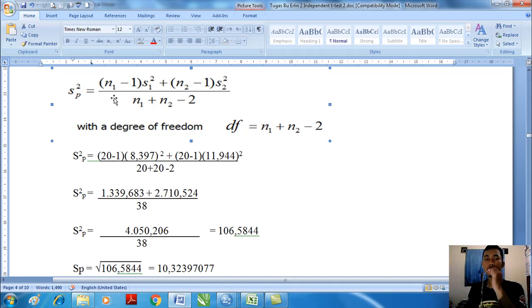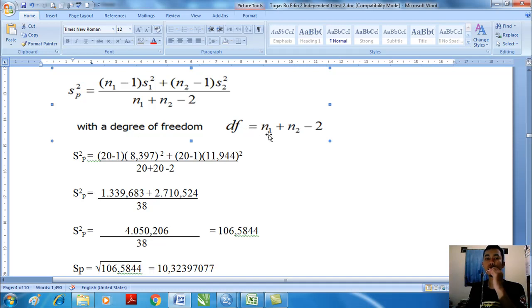The total number of population 1 minus 1 times the square of standard deviation 1, plus the total number of population 2 minus 1 times standard deviation 2 square, divided by total number of population 1 plus total number of population 2 minus 2.